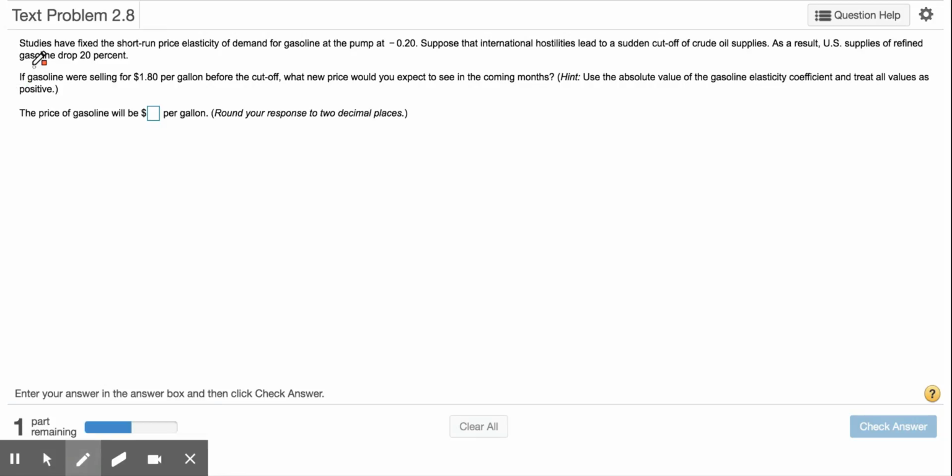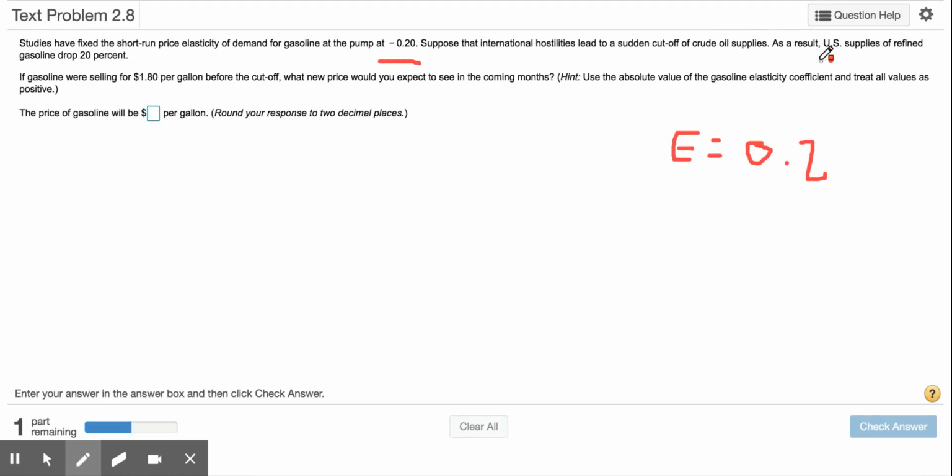So we have this study that shows the elasticity of gasoline. So let's try what we know. So elasticity is minus 0.2, but we can read elasticity as a positive number. I'll take the absolute value because it's elasticity of demand.